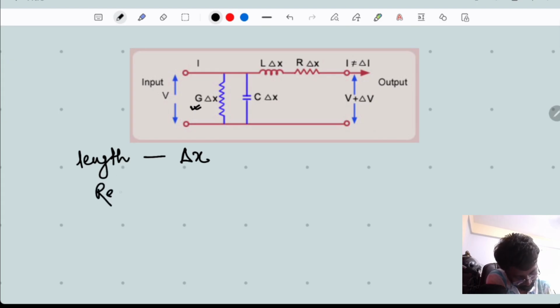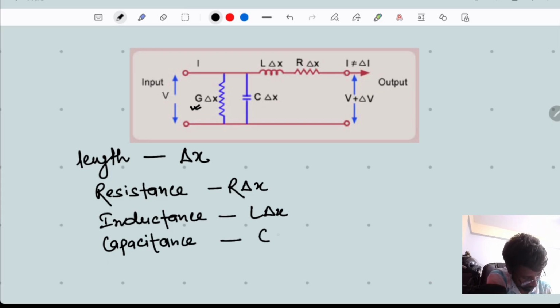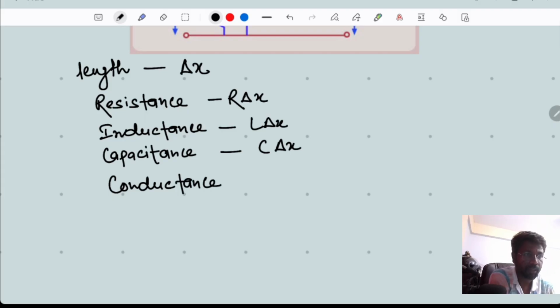resistance is R delta x, inductance is L delta x, capacitance is C delta x, and conductance is equal to G delta x.